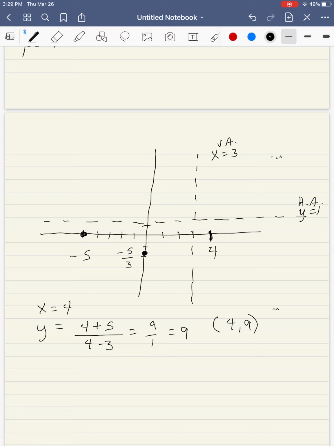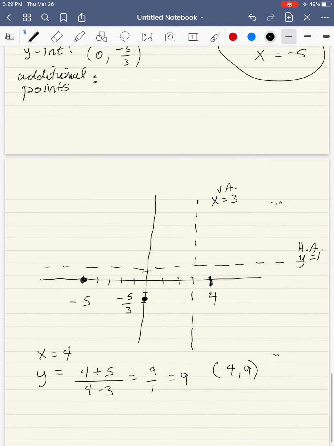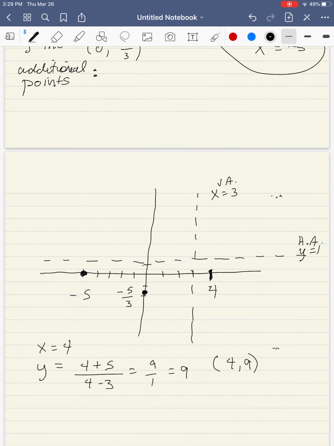Now, if we plot that point, 4, 9, over here, here's 4, y is 9, and we have that ordered pair. And that's a point on my graph, so that lets me know that my curve will be up to the right there.